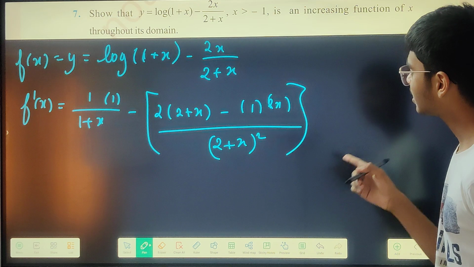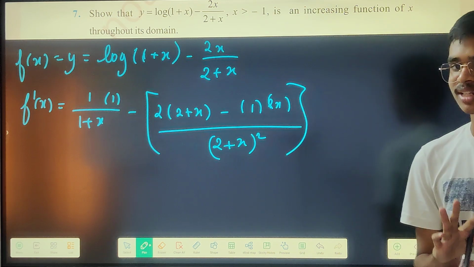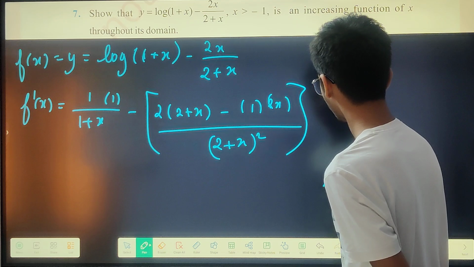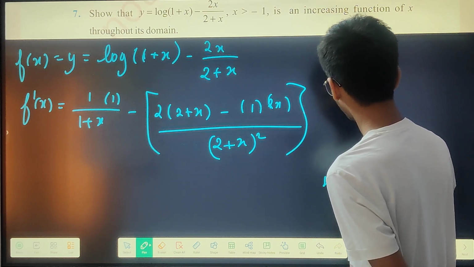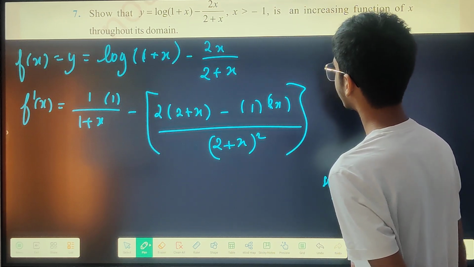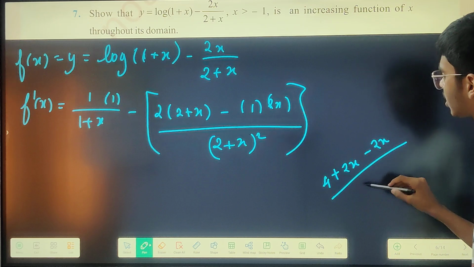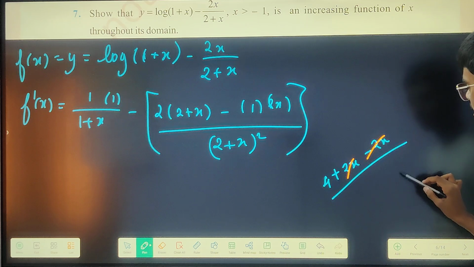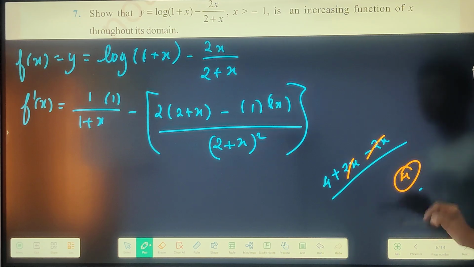Once again, my sir has taught a shortcut trick, and I'll be checking whether it is applicable here. We get 4 plus 2x minus 2x, divided by this; we will check it later. The 2x terms cancel, so we have 4.